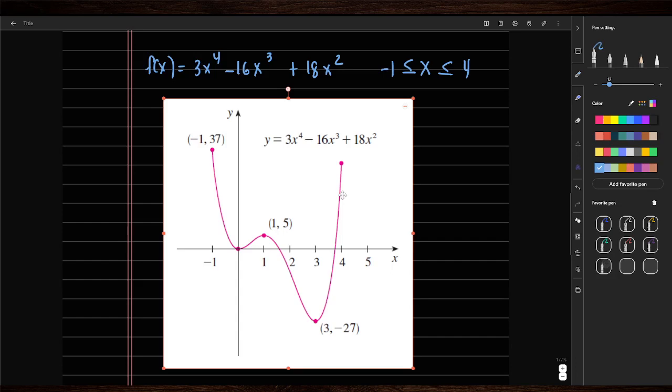This both value we could consider as local minimum, no? We could say from the interval -1 to 2, we have a local minimum of 0, and from 2 to 4, we have a local minimum at 3, which gives us -27.